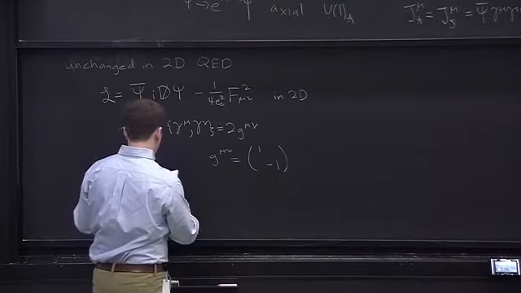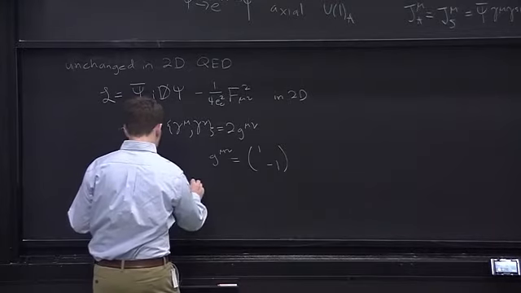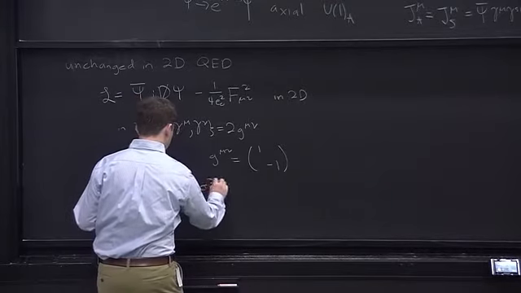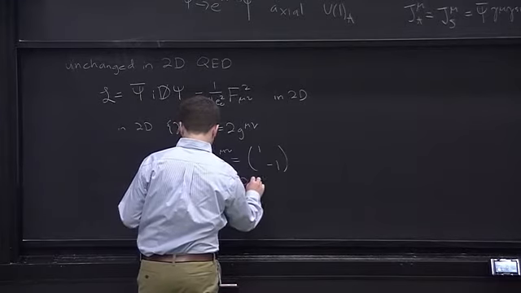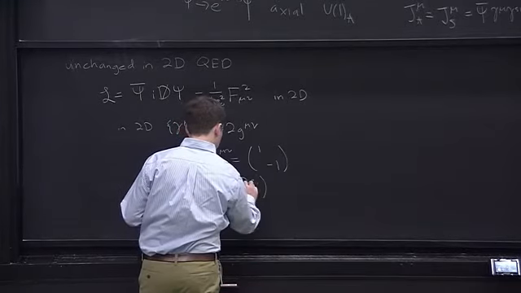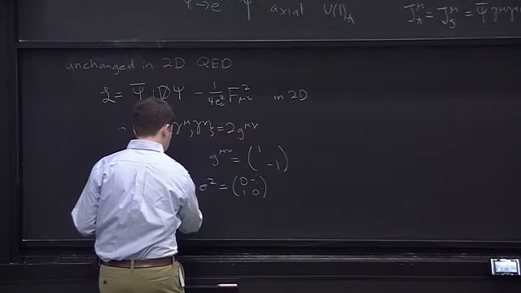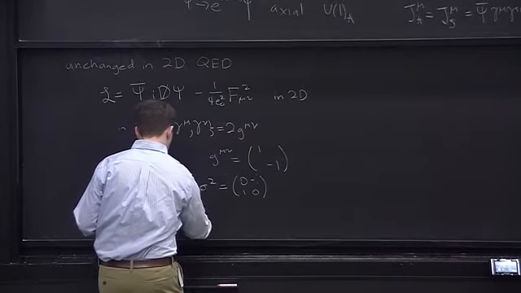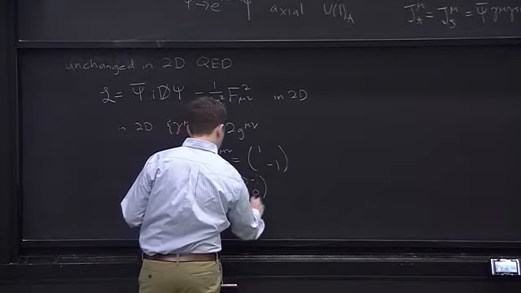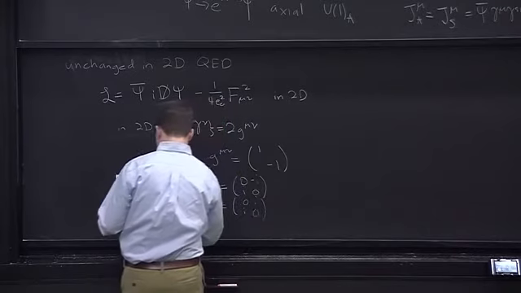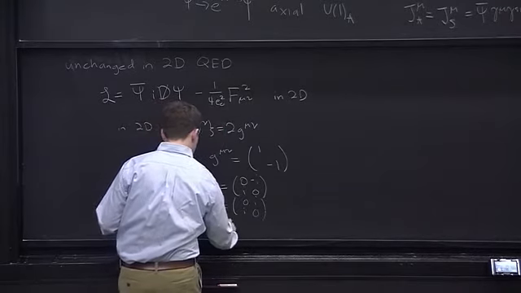And we can choose a basis for the gamma matrices so that they're just related to the Pauli matrices. Choose gamma 0 to be sigma 2, gamma 1 to be i sigma 1. And then gamma 5 is just gamma 0 gamma 1, which is sigma 3.